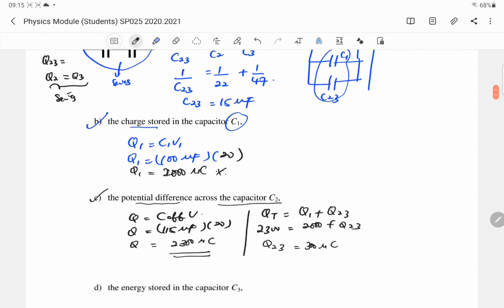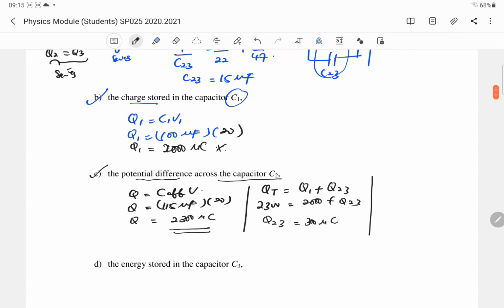Okay, so what did we want to get just now? Potential difference. So potential difference we have Q equal to CV, Q2 C2 V2. So V2 equal to Q2 over C2. So V2, this one Q2 equal to Q3 also, because the Q23 connected in series.